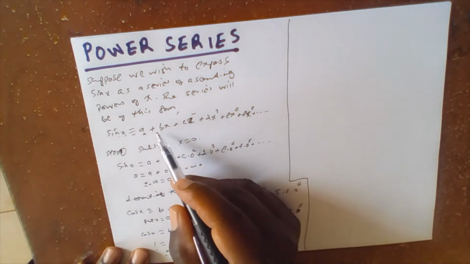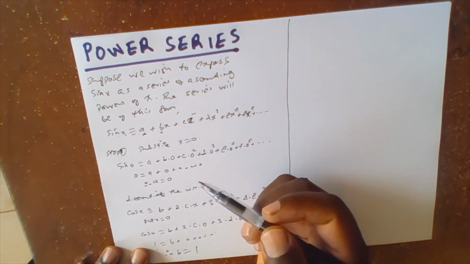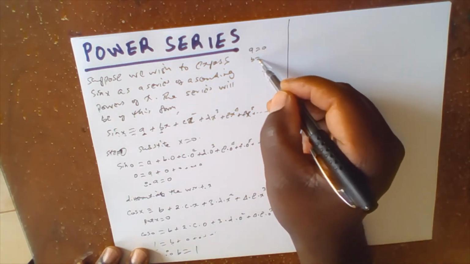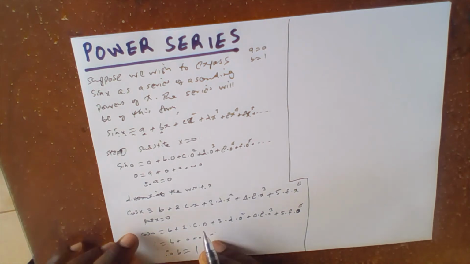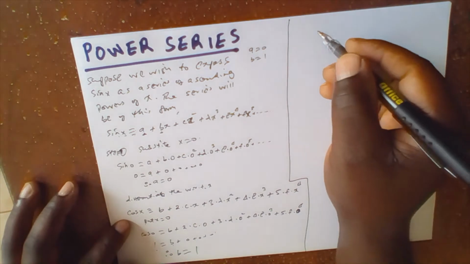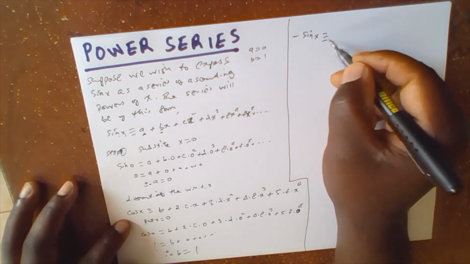So we now have the value of a and the value of b. We are saying that a equals to 0, b equals to 1. So for us now to get the value of c, we differentiate this equation again. When you differentiate cos x, you get negative sin x.